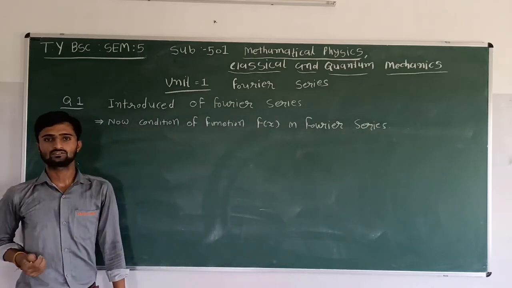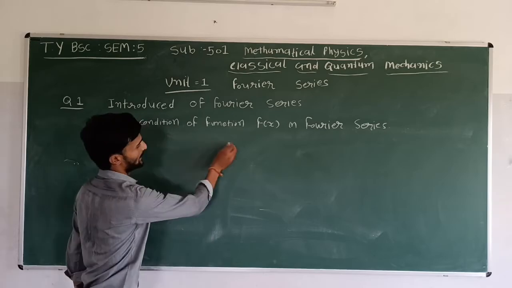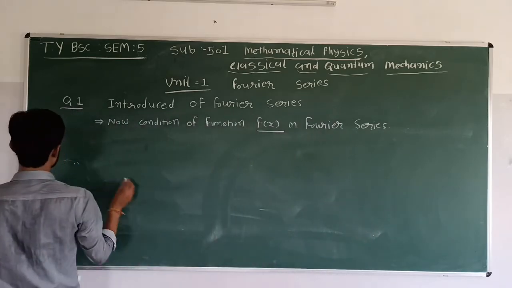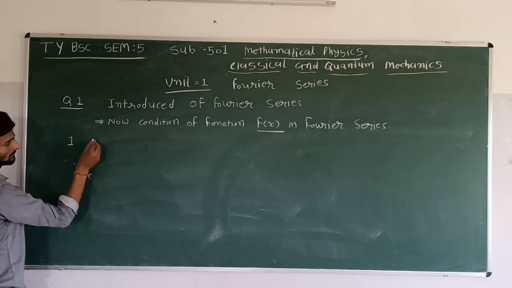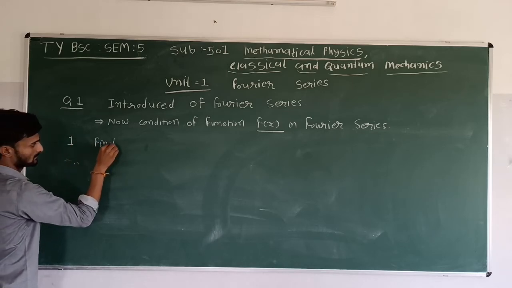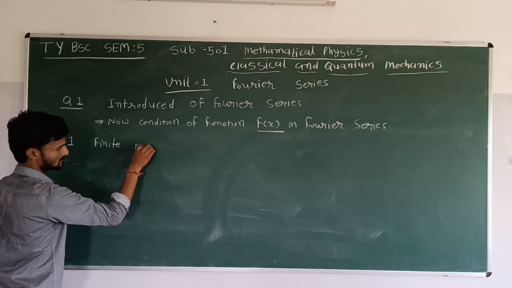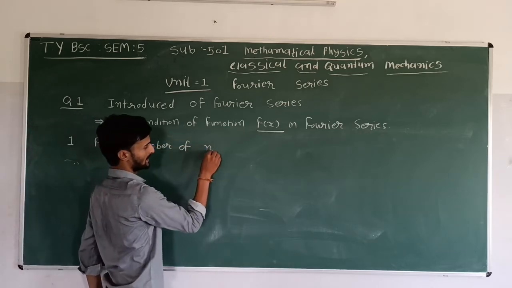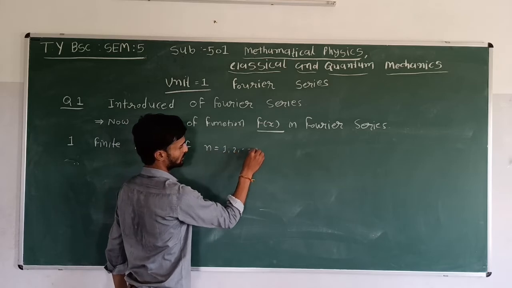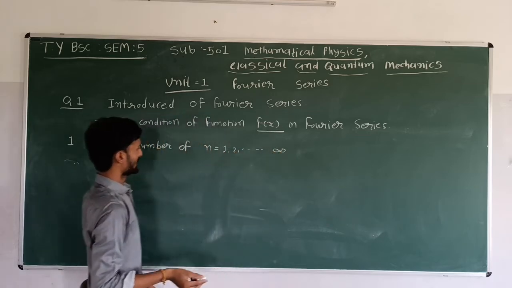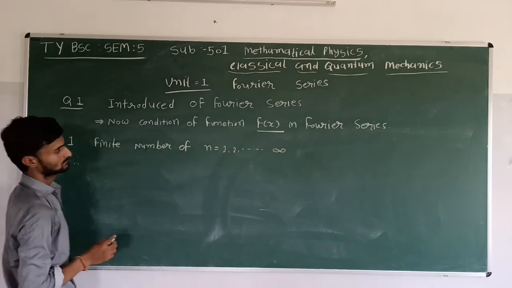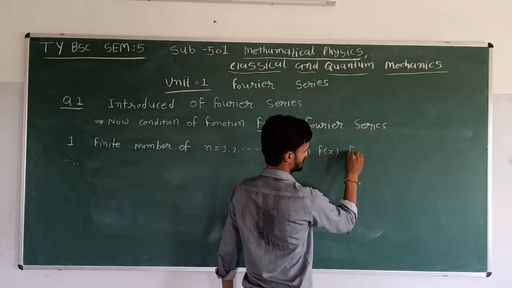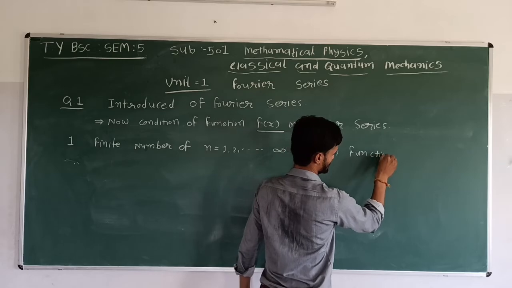Now, the conditions of the function f of x for a Fourier series. There are two types of conditions of the function f of x in a Fourier series. One, finite number of n equal to 1, 2, up to infinity, in the f of x function.